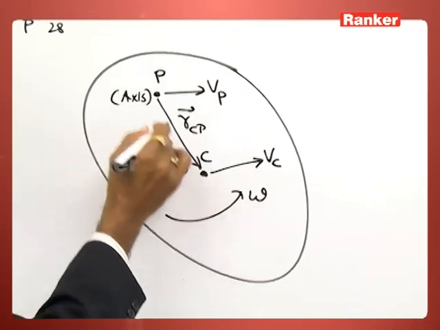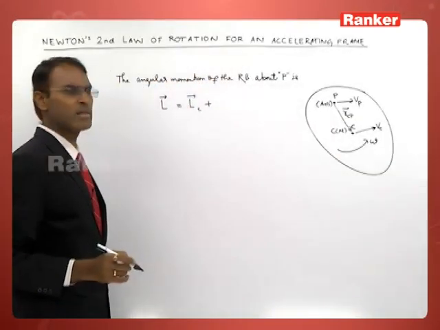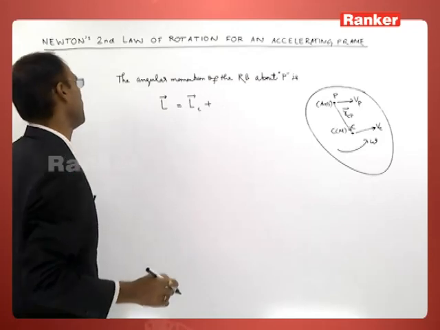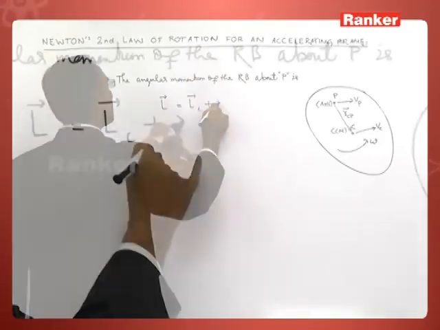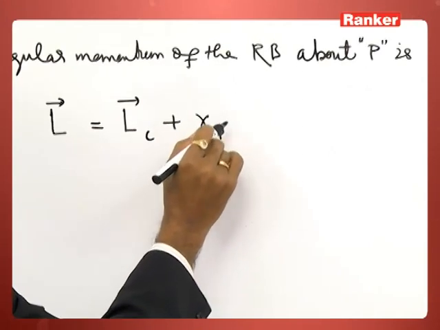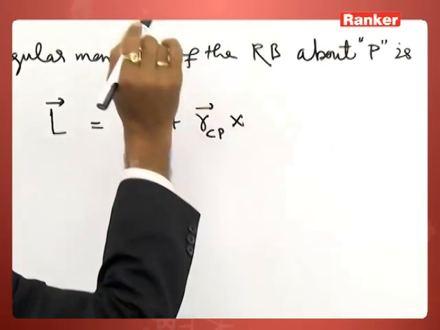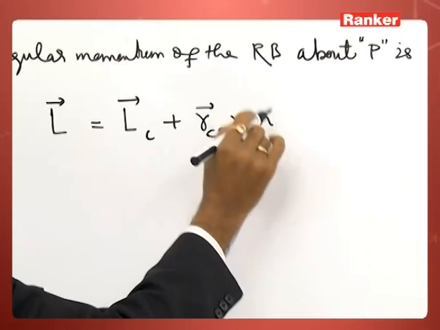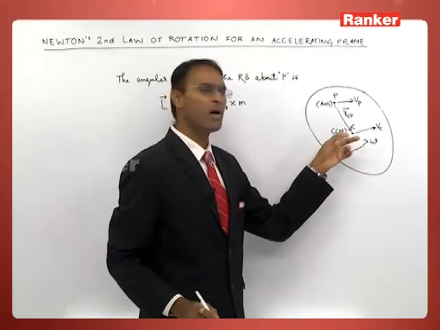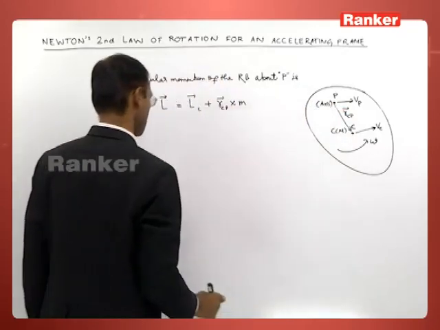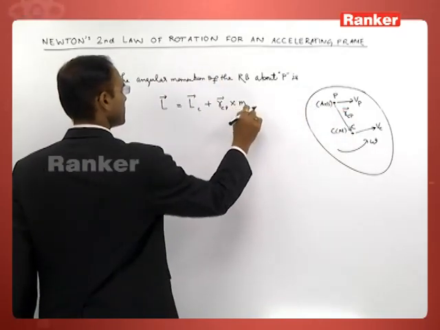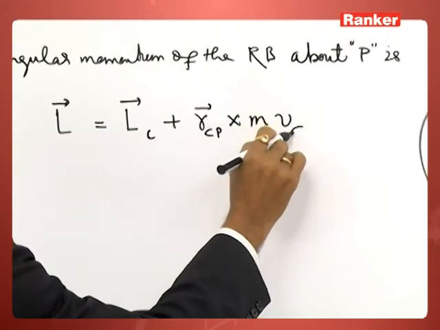Position vector of the center of mass with respect to this point or the axis is RCP. LC plus RCP cross linear momentum of the center of mass with respect to the given axis, a reference axis, M VCP.